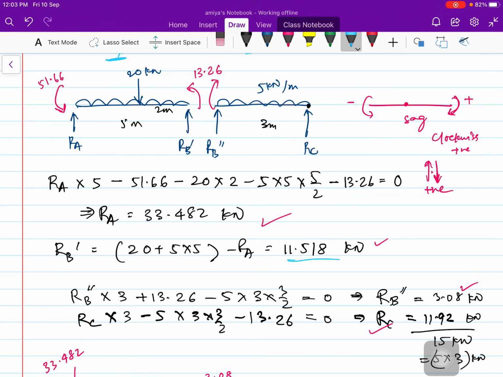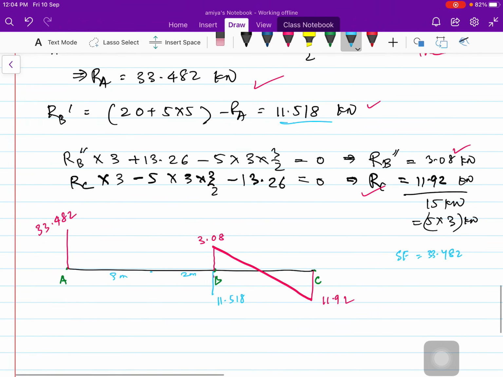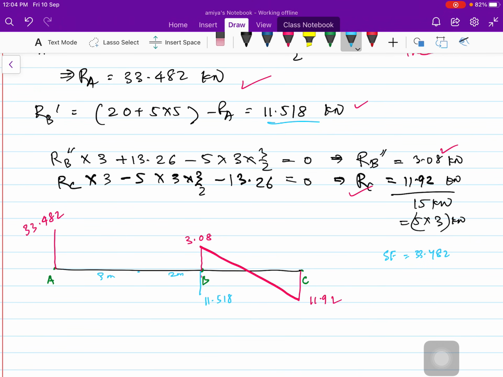Now if you look at the AB span, there is an extra 20 kilonewton with the UDL, so at a distance of 3 meters from here, 2 meters from where the 20 kilonewton is, the shear force will be 33.482, RA, minus 5 into 3, the UDL up to that point, which gives 18.482.